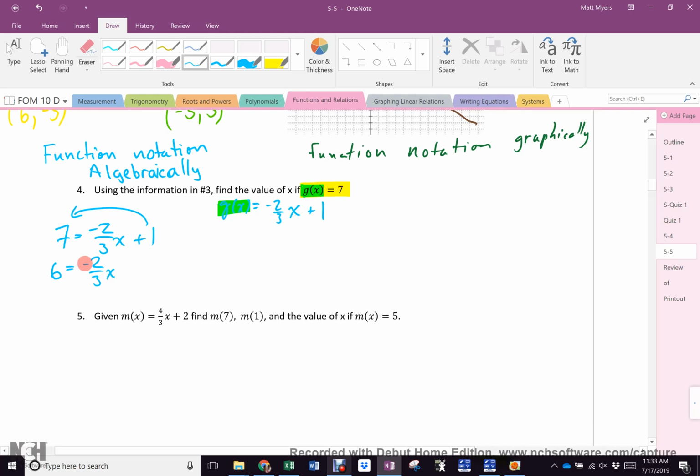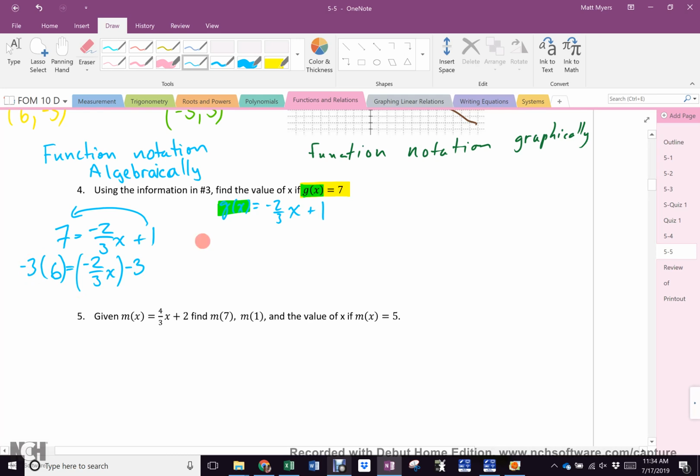Do I have to get rid of this negative 2? I need to get rid of the negative because I need x to be by itself, don't I? So can I get rid of the negative and the 3 in one step? How? I multiply by negative 3.